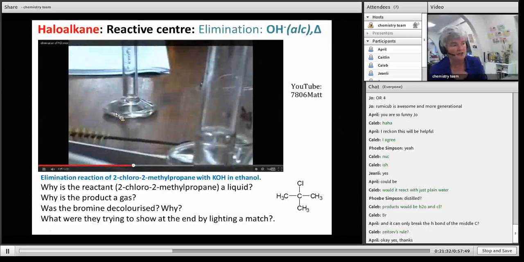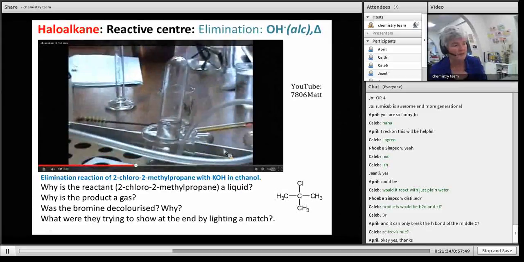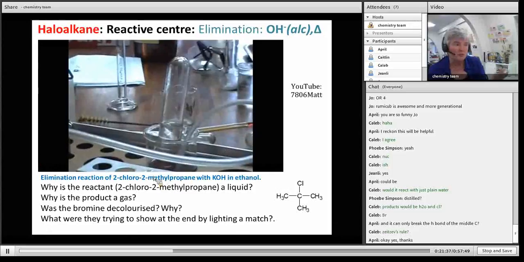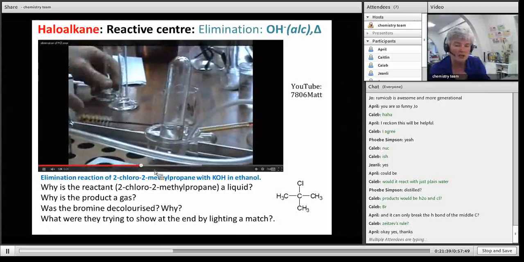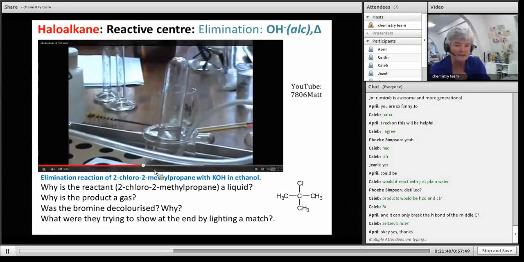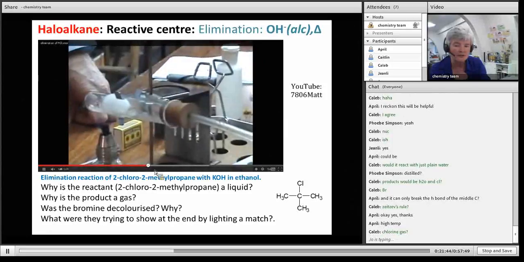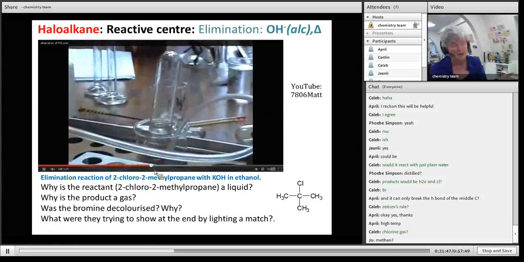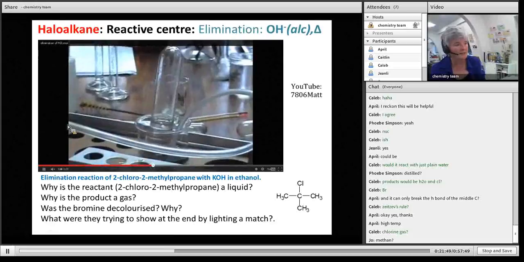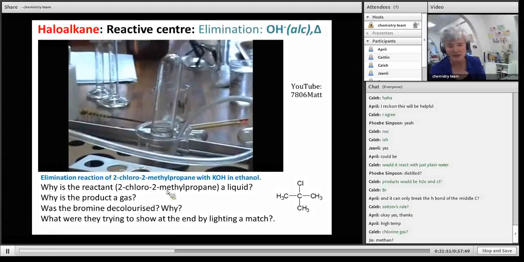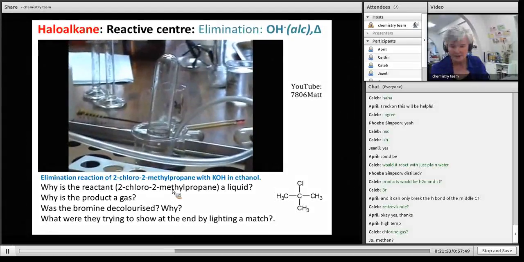And can you see there's a gas being formed? Now, why is it a gas? Why aren't we forming a liquid? There's a high temperature, but my haloalkane isn't becoming gaseous. Right, I think you're on the right track there, Joe.